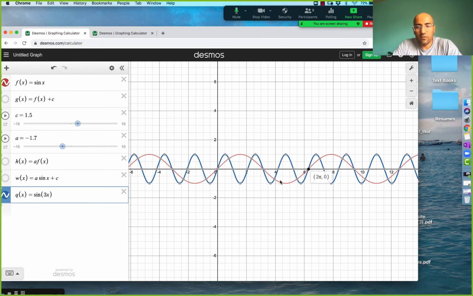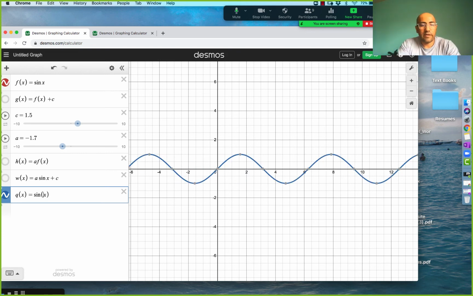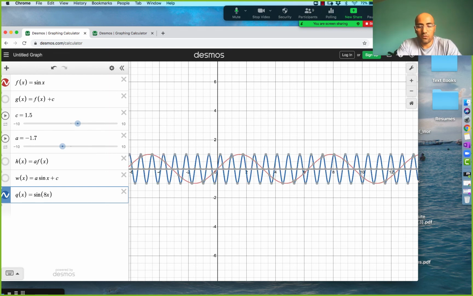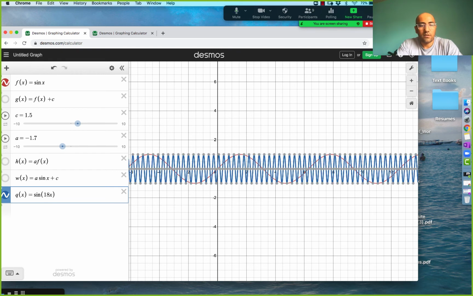So from 0 to 2 pi, we have 1 period of sine, 2 periods of sine, 3 periods of sine. And then we can get really fun here. Let's make it 5. 5 complete oscillations, or make it 8 complete oscillations, or we can get really crazy and do 18 oscillations.